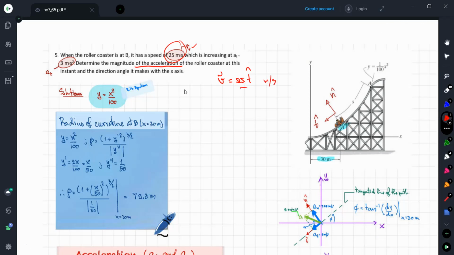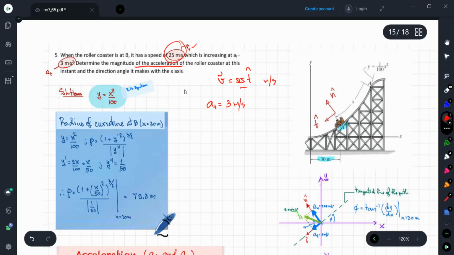But for acceleration, we now have one component at from the problem, that is 3 meters per second squared. We would like to find an.